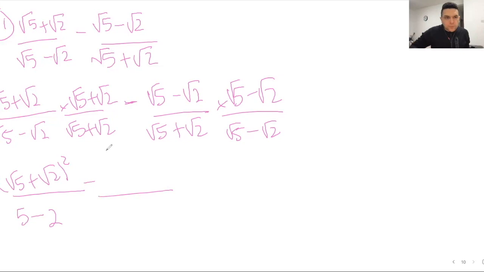Yeah, right. So it's the same, square root of 5 plus square root of 2, and square root of 5 minus square root of 2. So we should get the same 5 minus 2. And then this would be square root of 5 minus the square root of 2 squared, right? So this is 3, so we can just write it as this.